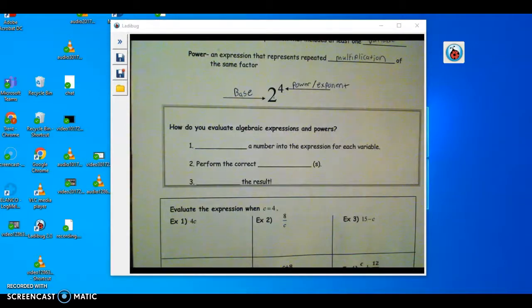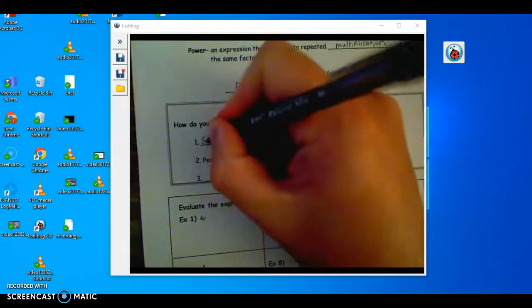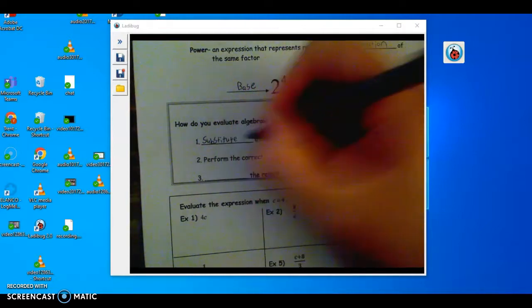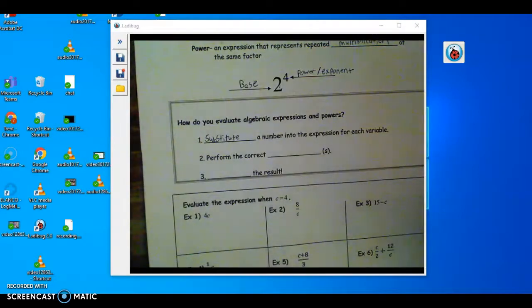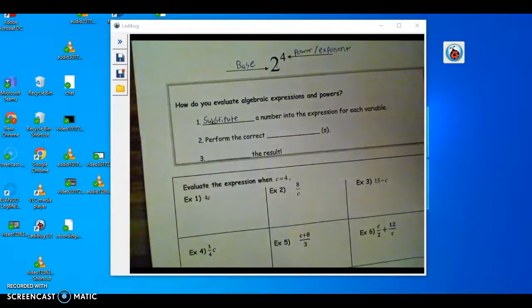How do you evaluate algebraic expressions and powers? Number 1 is to substitute. Substitute, very similar to the substitute that you know from school, just means to replace, like a substitute is a replacement teacher for the day.